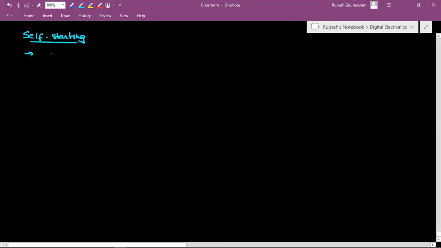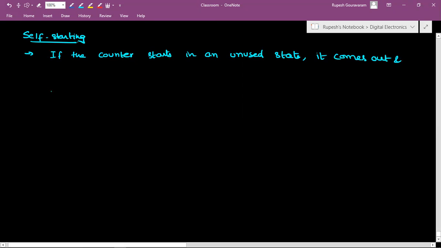We can say, if the counter starts in an unused state, it comes out and goes into a used state.